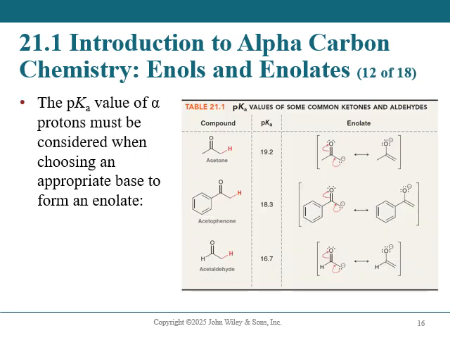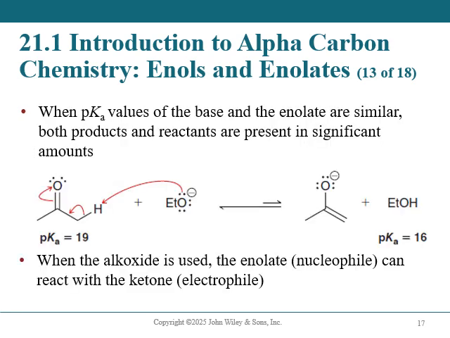The pKa value of alpha protons must be considered when choosing an appropriate solvent or an appropriate base to form an enolate. pKa values, as you can expect, are ridiculously high, from 15, 16, all the way to 19, 20, etc. When the pKa values of the base and the enolate are similar, both products and reactants are present in significant amounts.